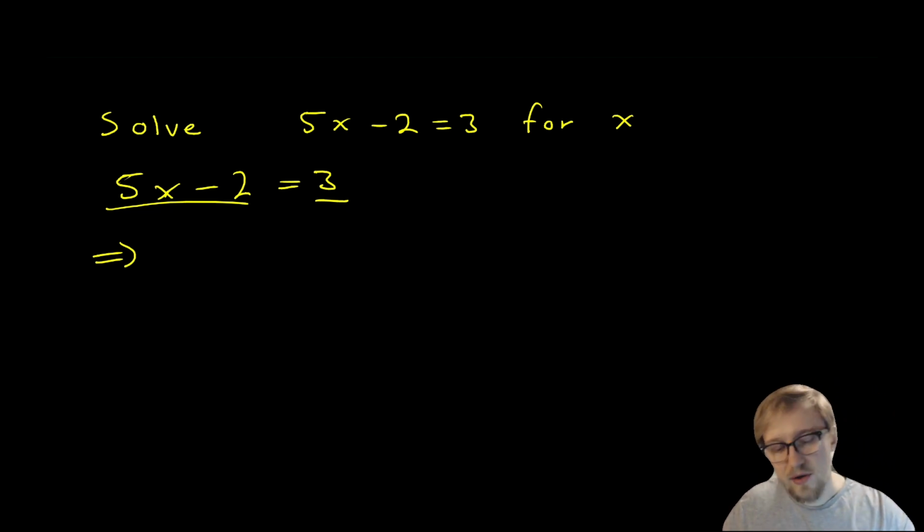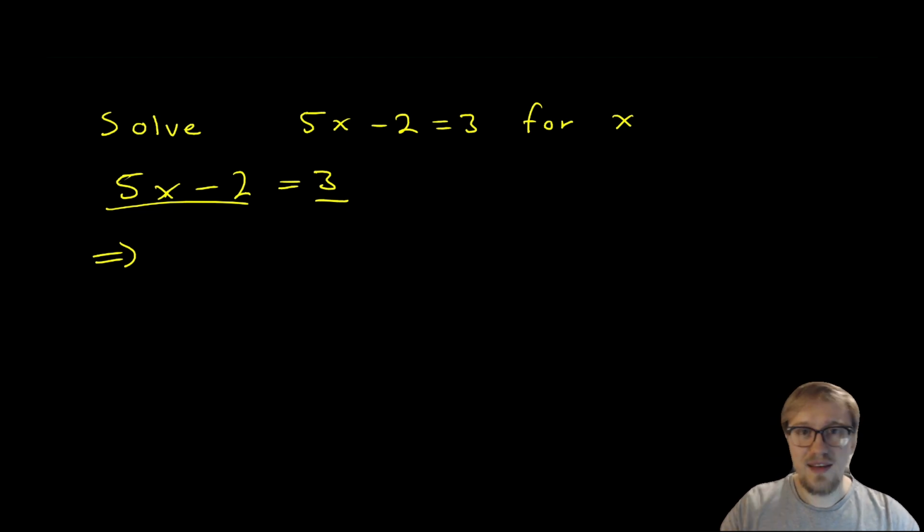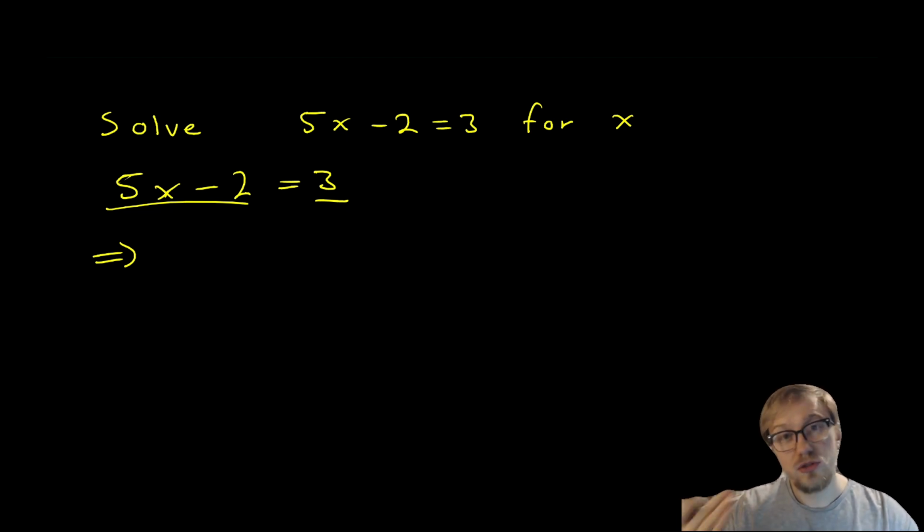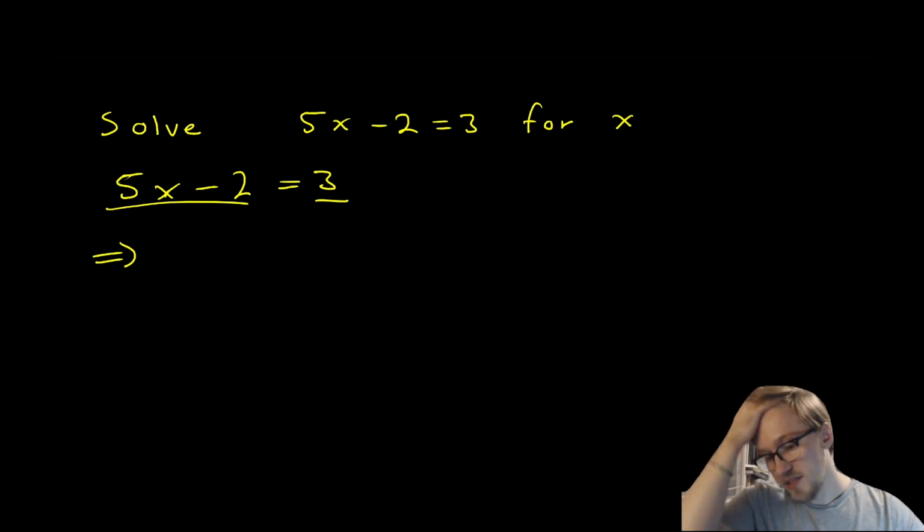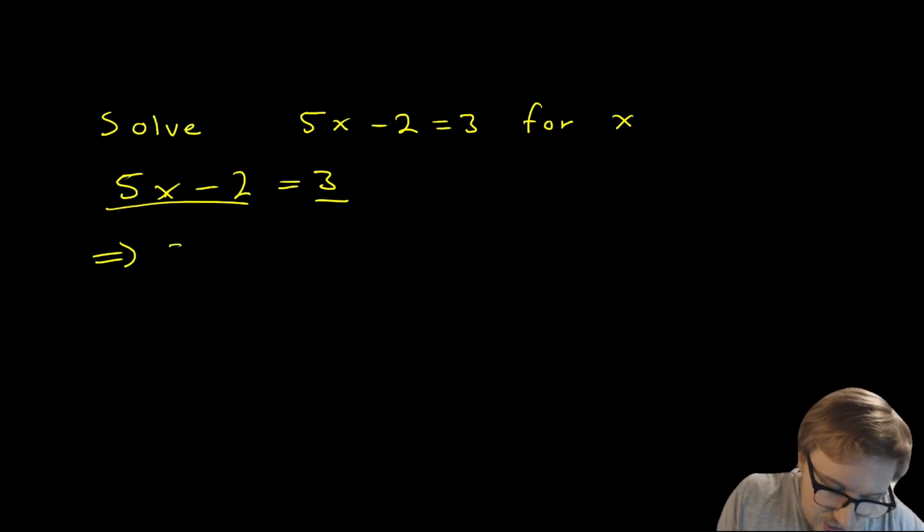I'll draw arrows here to indicate that I'm doing some sort of operation on the equation itself. So remember, we can always add or subtract anything from both sides of the equation, and that'll still make the equation hold true.